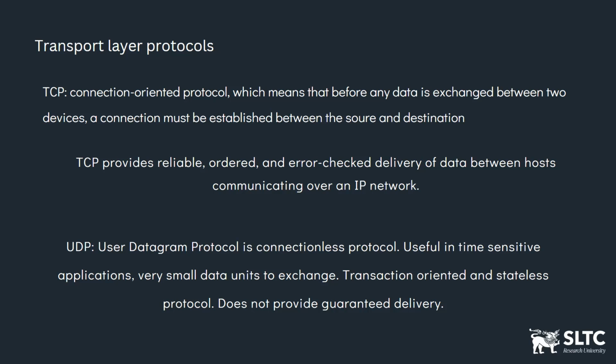In contrast, UDP, or the User Datagram Protocol, is a connectionless protocol. It is a packet switched protocol where we send packets in a random manner in all directions, and once we receive feedback from the intermediate nodes and the destination node, we send the data in a particular direction or by a particular algorithm so that the data is reliably received at the receiver end.